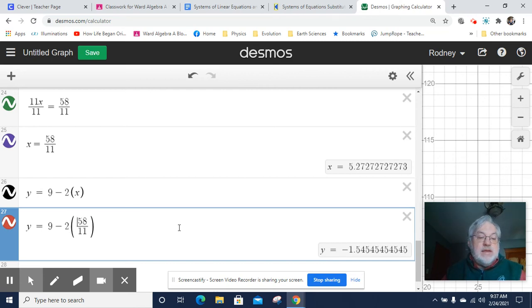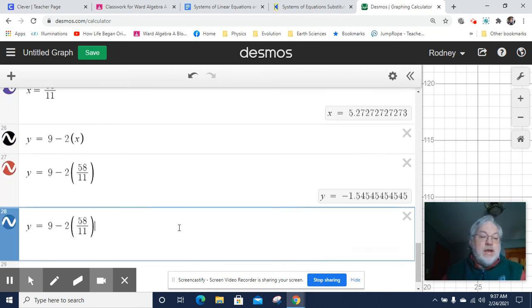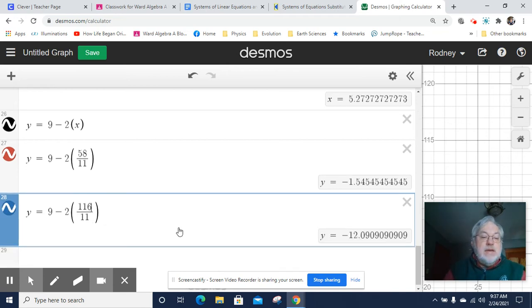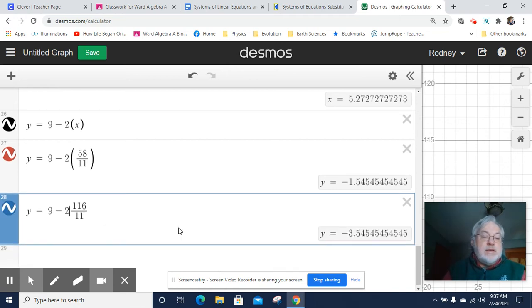2 times 58. Let's work it out. So that's 2 times 58 over 11. 2 is a numerator, so I'm going to do 2 times 58. 2 times 58 will be 116. Okay, and it continues to be negative. And I need to get a common denominator here.